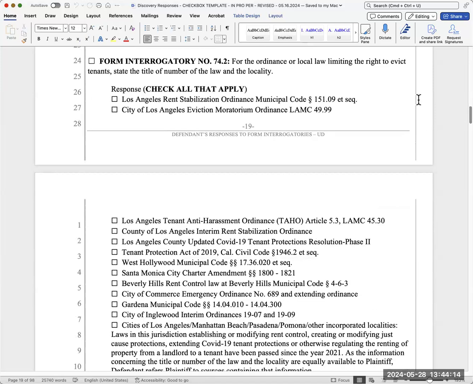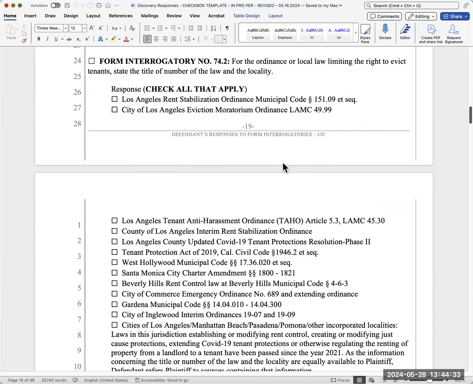And the next question is about the specific laws. And we've listed some of them for LA City, LA County, and some of the incorporated cities within LA County. So you check the ones that apply to you.